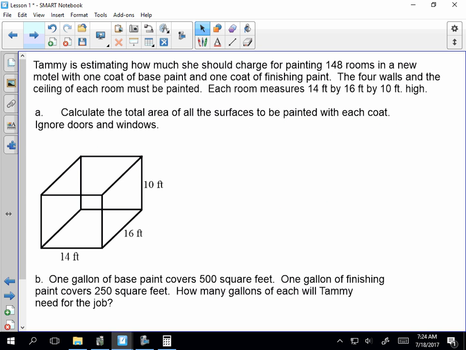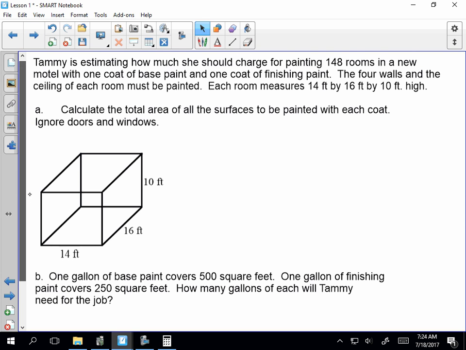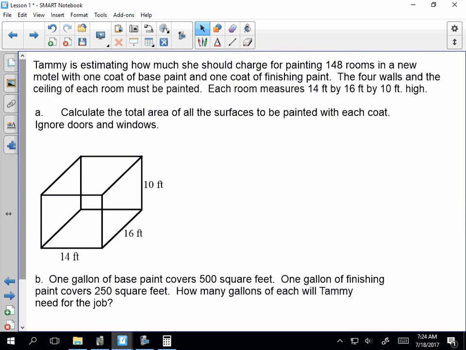Okay, now, you're actually going to see this one in homework today. What we're looking at here is making an estimation. We're trying to estimate how much paint we need to cover a number of rooms for a motel. What we have to be careful of here, and this is what happens most often, is pulling the wrong measurement, because this is actually just finding rectangles.